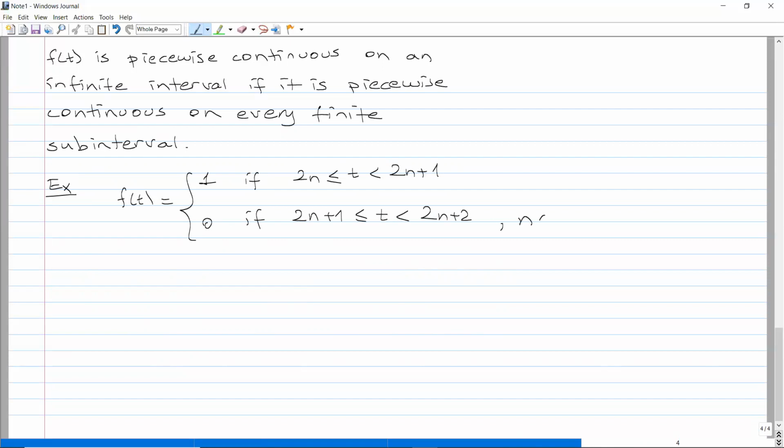And here n is any integer. So for n equals 0, between 0 and 1, it is 1.